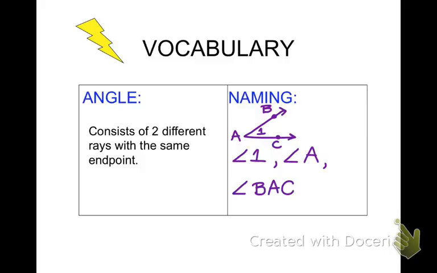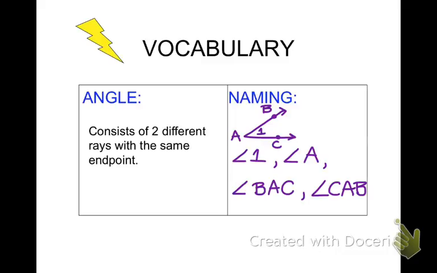I could do it in reverse, or I could call it angle CAB. That would be okay. Again, as long as my vertex is in the middle. Okay? And the reason why I want you to get in the habit of using all 3 letters is because of what the next example looks like.